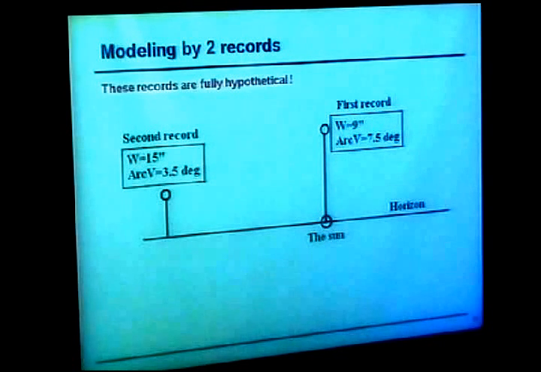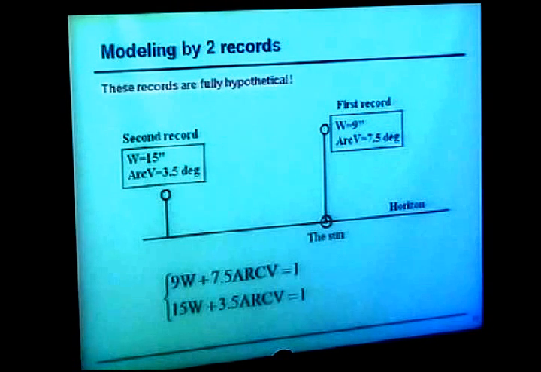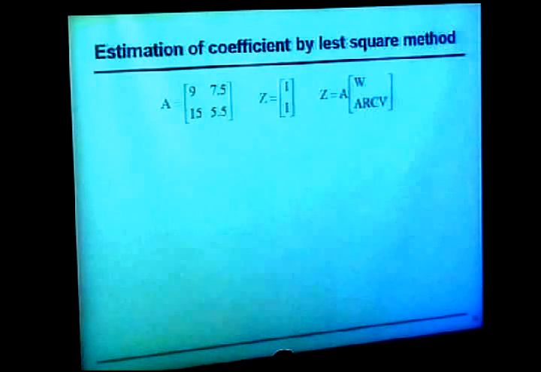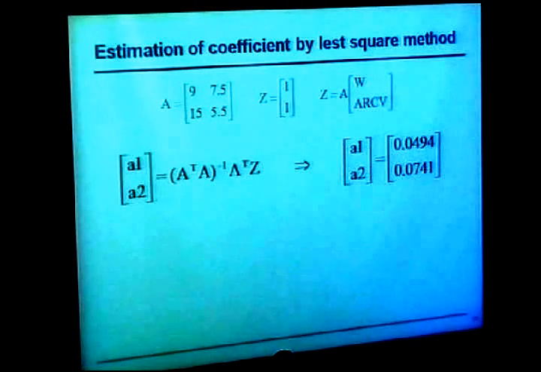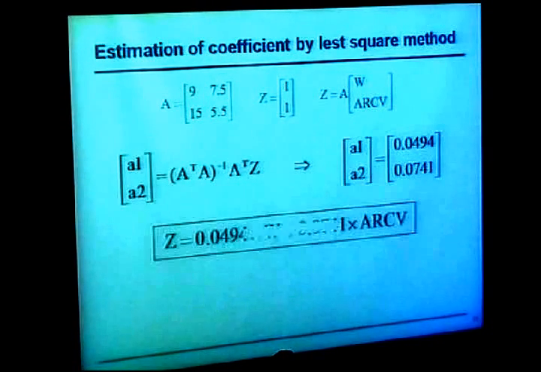The first record W is equal to 9 seconds, and the second record W is equal to 15 seconds, and we solve this by the least squares method.